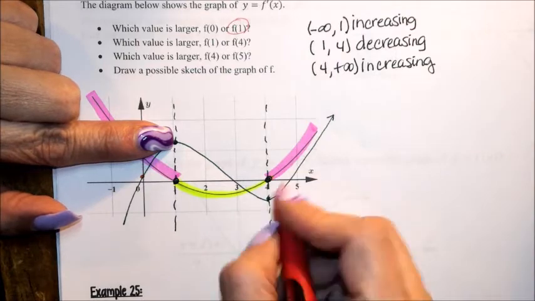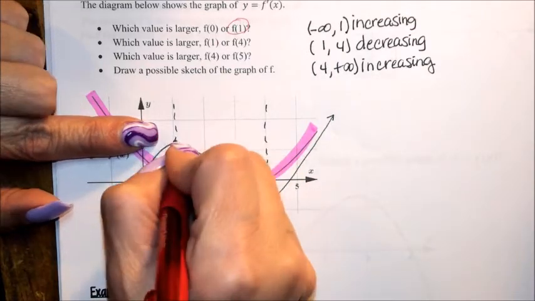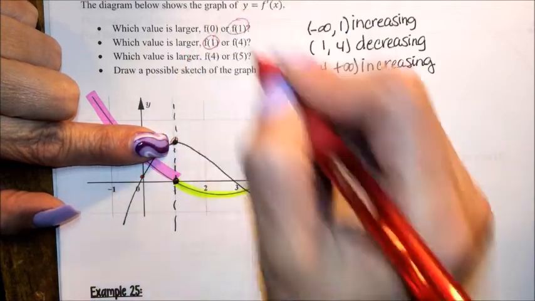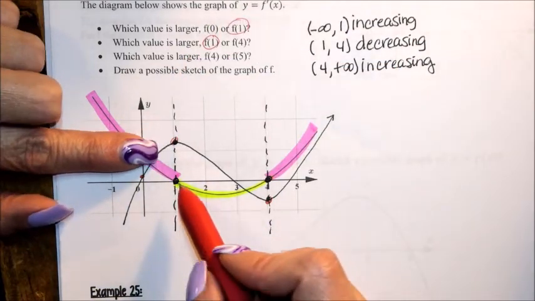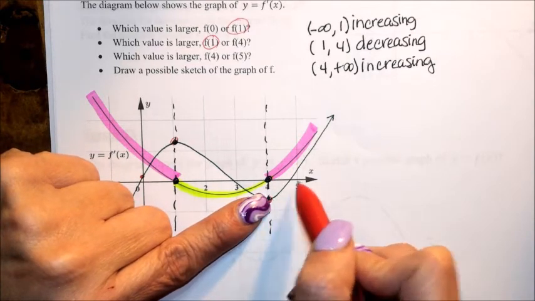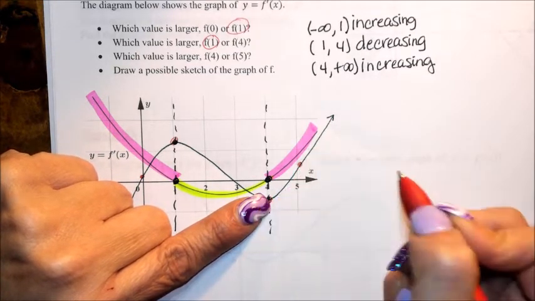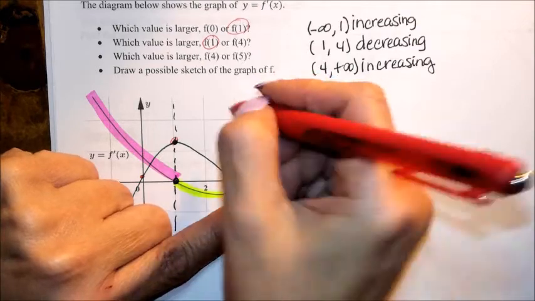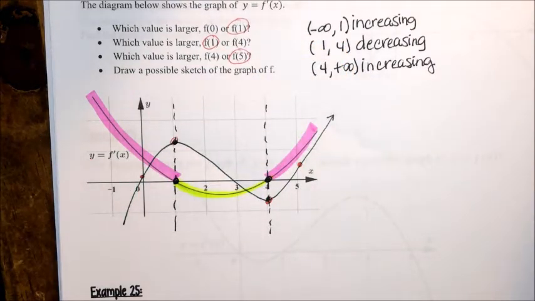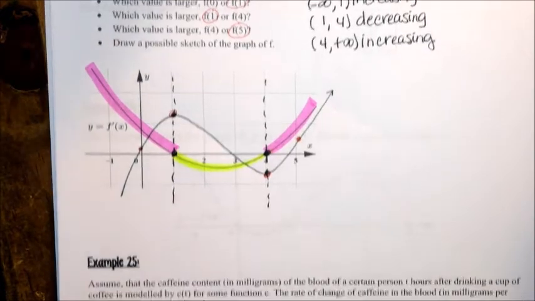Here's 4. f of 4 would be down here. f of 1 is up here. Which is bigger? f of 1. Which value is larger, f of 4 or f of 5? f of 5 is bigger. And we already sketched our graph. Go back and watch that if you need to.